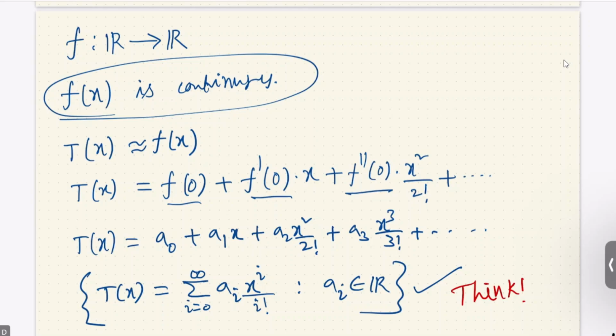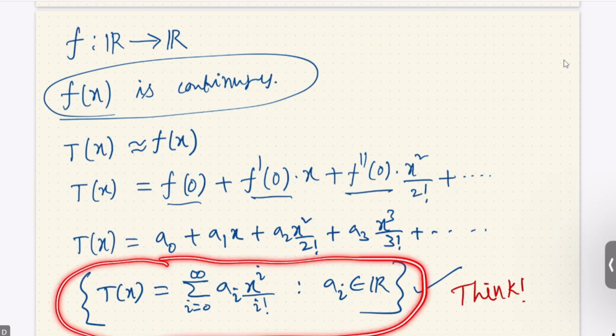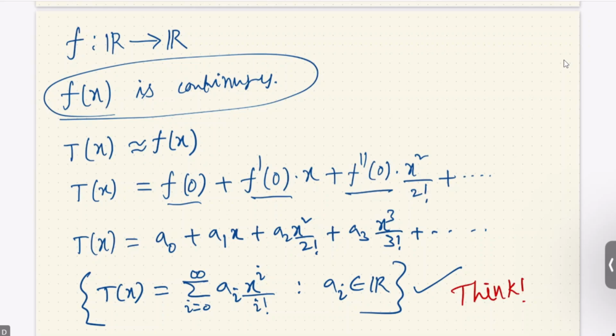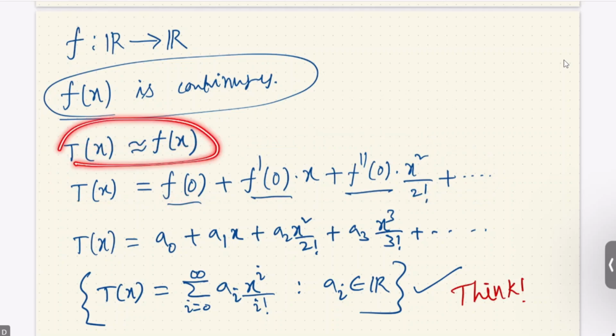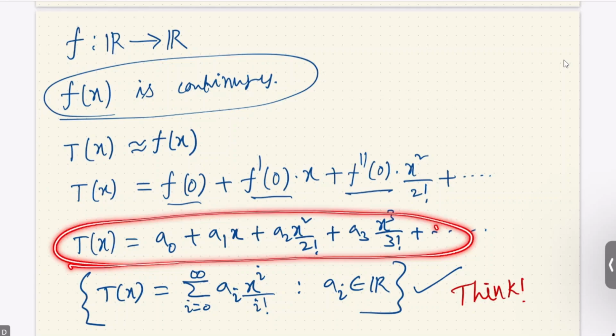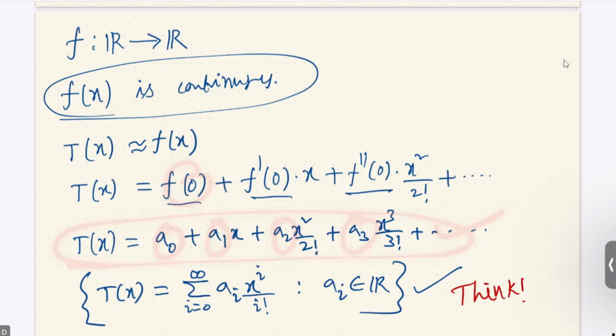Usually you take a function, do this, come up with some approximation like this, and you are satisfied. Now I am doing it in a reverse way. I am taking all possible cases of this form, modifying all these coefficients of a Taylor series, and now I am asking whether it accounts for all the continuous ones.